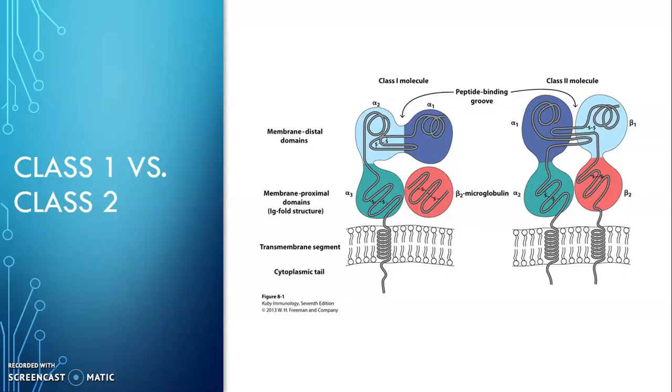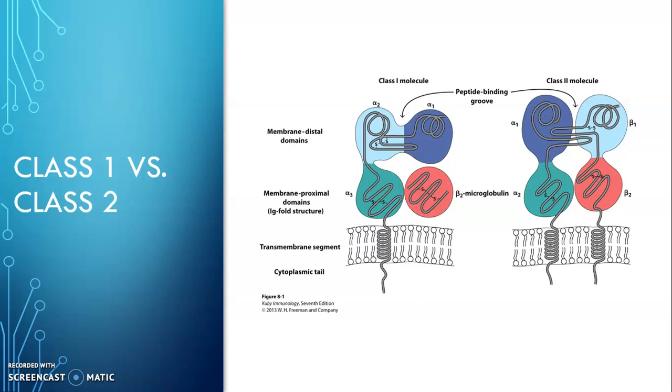So we have class 1 versus class 2. As we said before, MHC class 1s are expressed on nearly all nucleated cells, so most of the cells in the body. This is an endogenous pathway, so these endogenous peptides are presented to CD8 cells, so cytotoxic T cells.